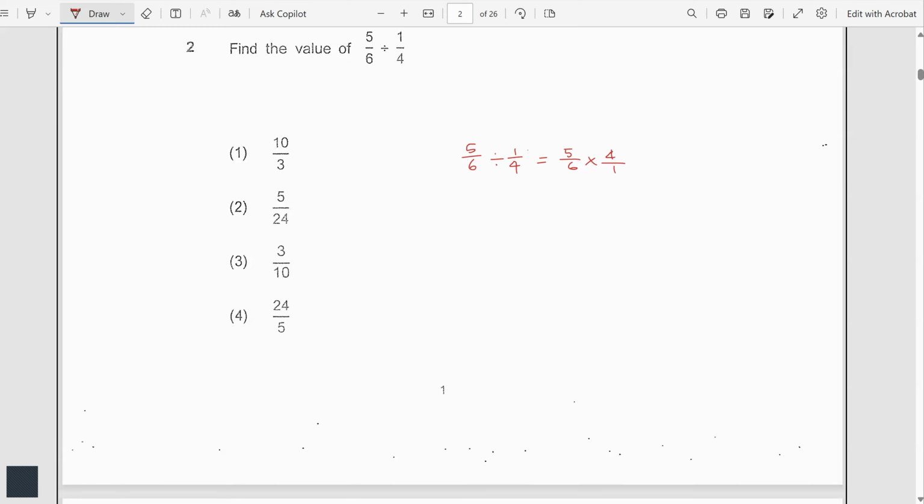From here, numerator times numerator, denominator times denominator. But before we do that, we can actually simplify. We have a 4 and a 6, one in the numerator, one in the denominator. Both can be divided by 2. So you end up with 5 times 2 on top. Below it's a 3. You don't have to change to mixed number, so answer is 1.